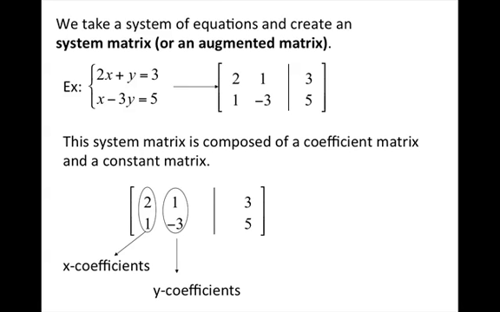I separate my coefficient matrix from my constant matrix with the vertical bar. On the other side of my vertical bar, I have a column that's 3, 5. Those were the constants for the equation. That vertical bar represents my equal sign. So the columns represent the coefficients and the constants.